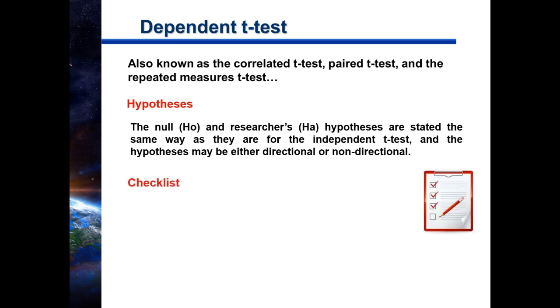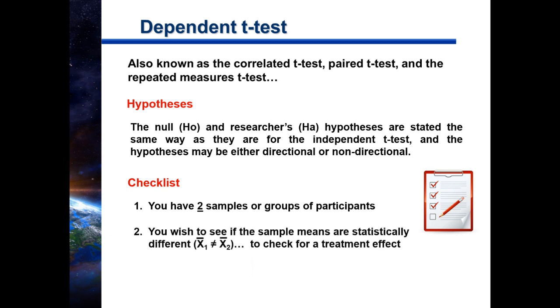Checklist. Number 1, you have 2 samples or groups of participants. That's the same as the independent t-test, isn't it? So far, no difference. Number 2, you wish to see if the sample means are statistically different from each other.